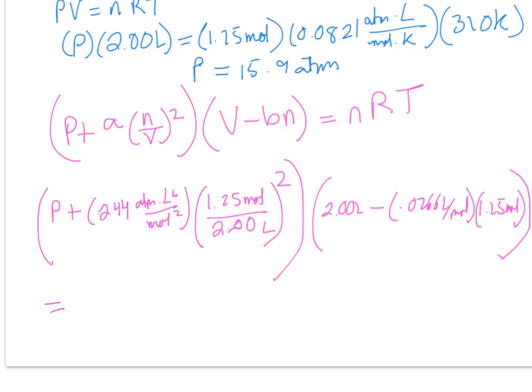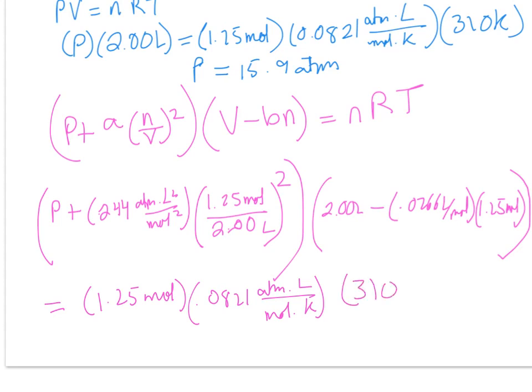So n is 1.25 moles. R, let's use the same R so we can get atm: 0.0821 atm times liters per mole Kelvin. And then 310 Kelvin.